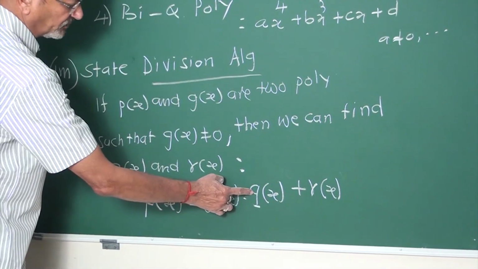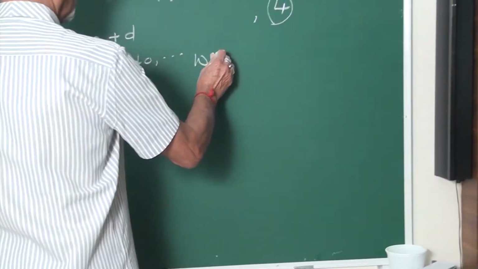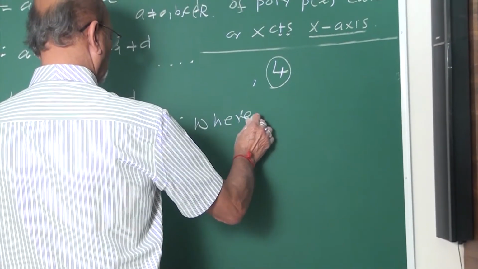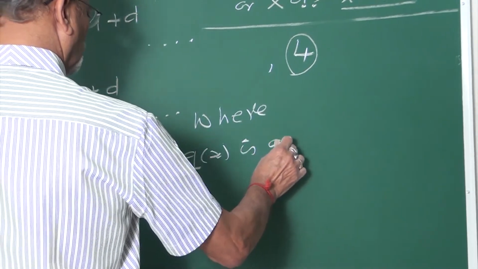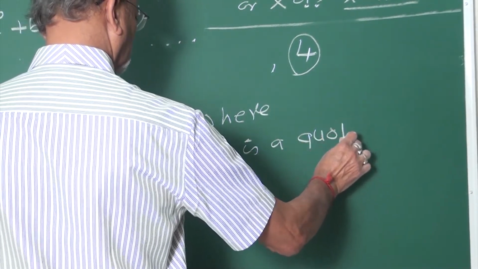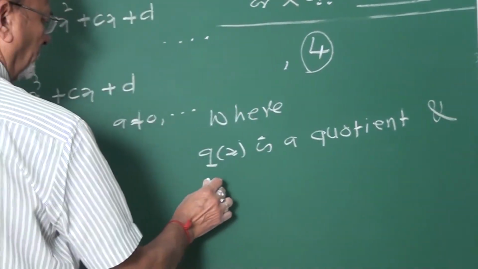You must mention, my friends, what is qx? Quotient, where qx is a quotient and rx is a remainder.